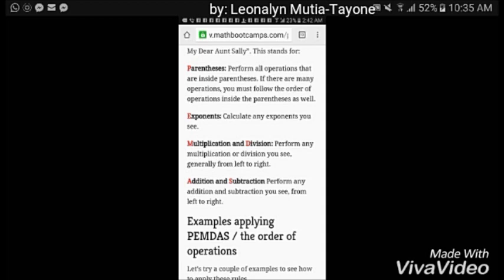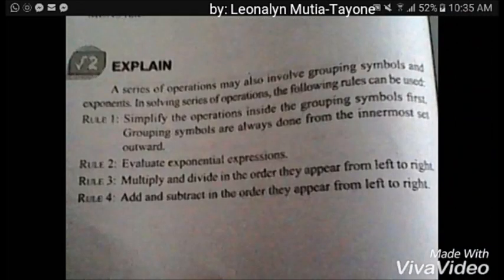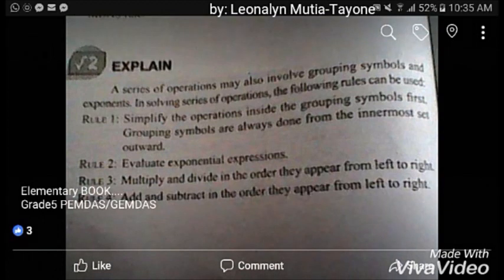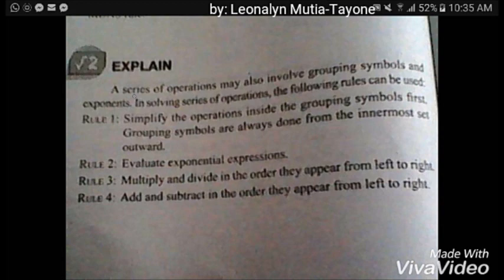So there are 4 steps. This is from the grade 5 elementary book, grade 5 PEMDAS or GEMDAS. A series of operations may also involve grouping symbols and exponents. In solving a series of operations, the following rules can be used. Rule 1.